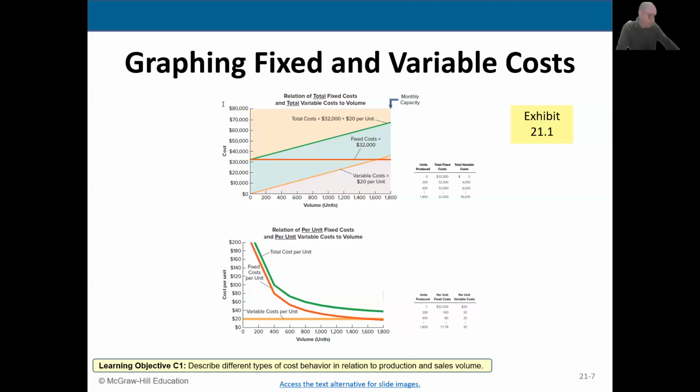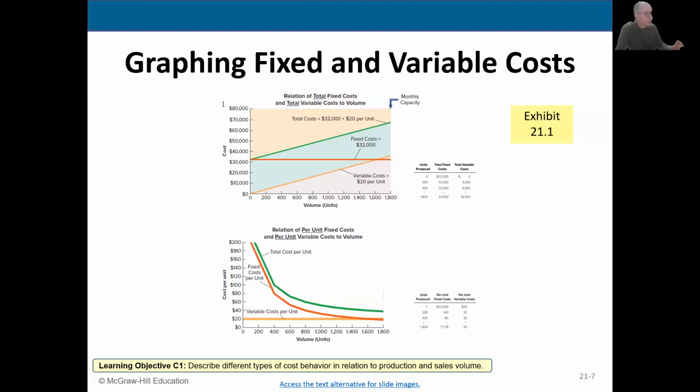Now we look at the graph on the bottom. As I had mentioned, the graph on the bottom looks at it on a cost per unit basis. You'll notice that the fixed costs per unit decrease with the more units of production I have.